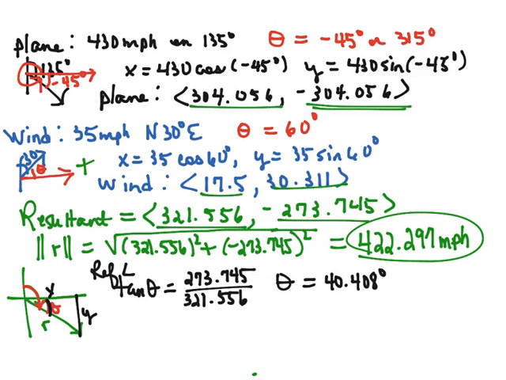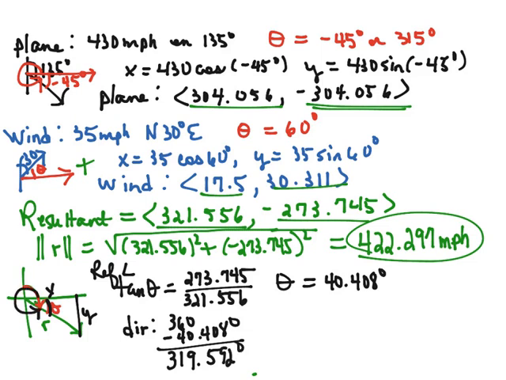So we could say that our direction was negative 40.408. We could say that our direction, if we want to give a standard angle, is 360 minus 40.408, which would give us 319.592 degrees. That would be this angle, measure that direction.